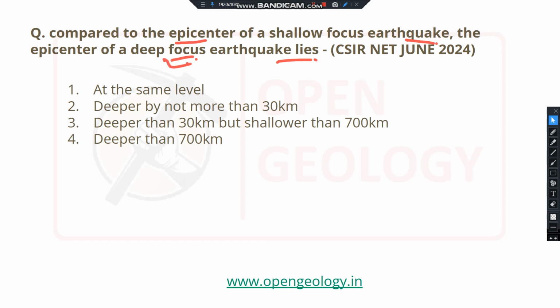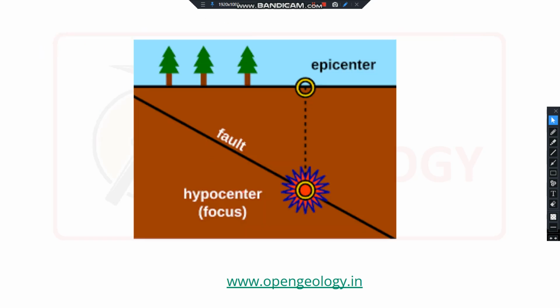So keep in mind that focus changes, but the epicenter is always at the surface. The earthquake may occur here, here, or here, but the epicenter is just the perpendicular point from this focus. So the epicenter will always be at 0 kilometer from the earth surface.